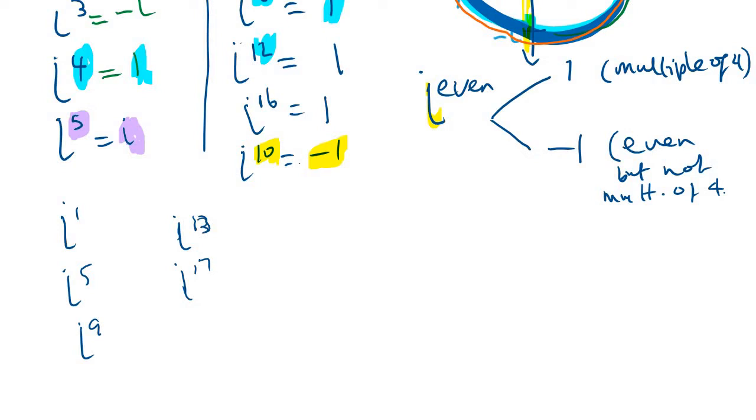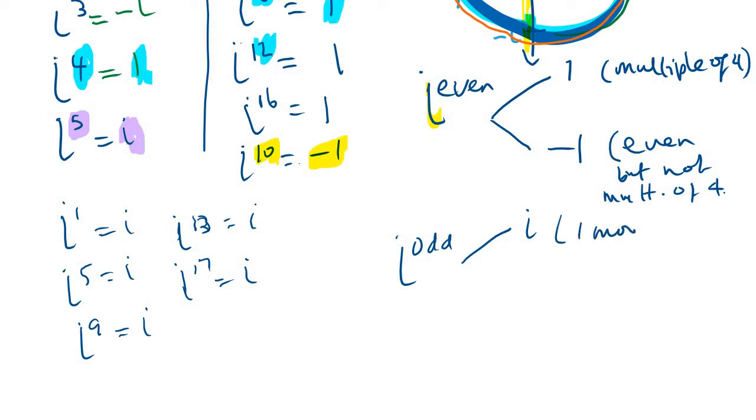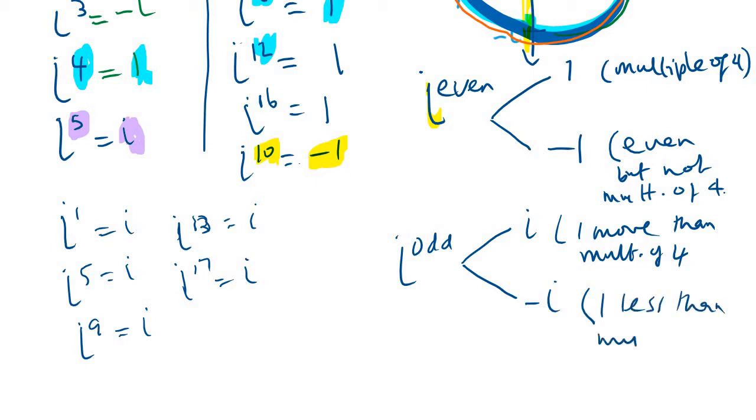These powers are one more than the multiple of 4. They always end up with i. So you always get i if it's odd, but you will get i if it's one more than a multiple of 4. Then you will get negative i if it's one less than a multiple of 4.